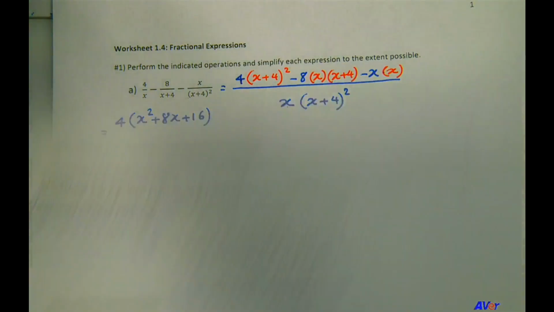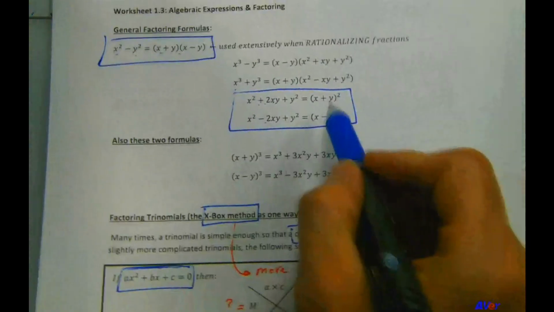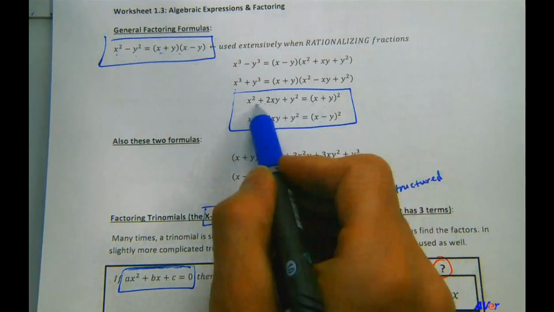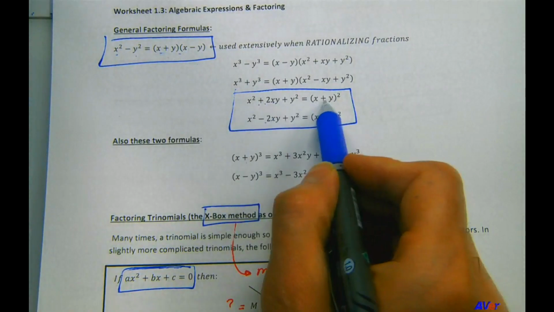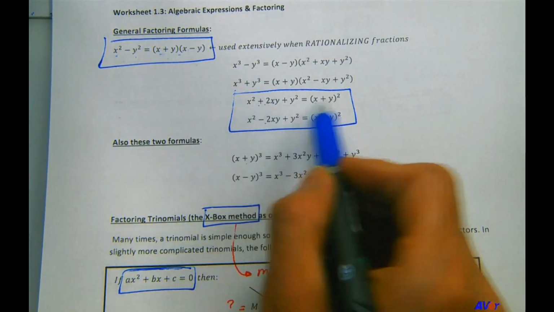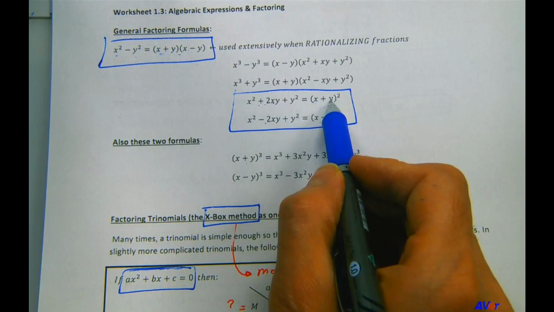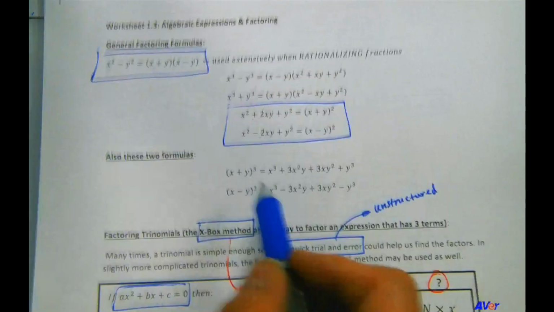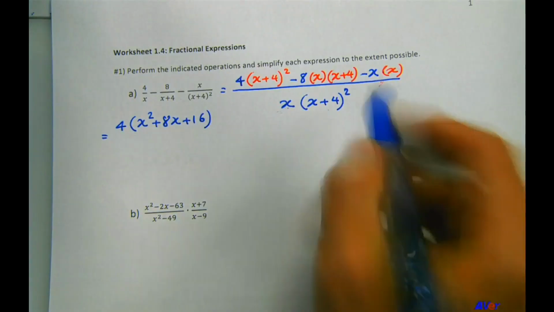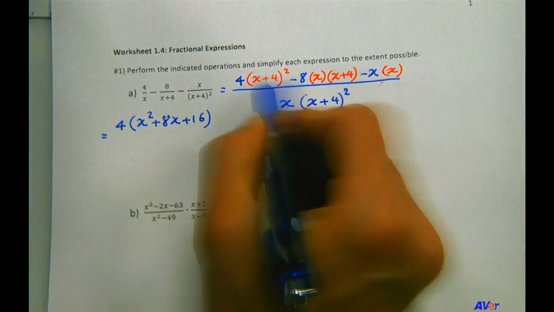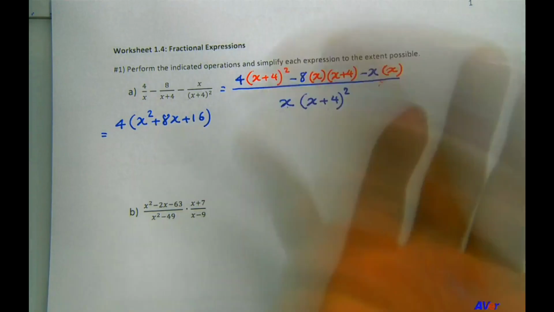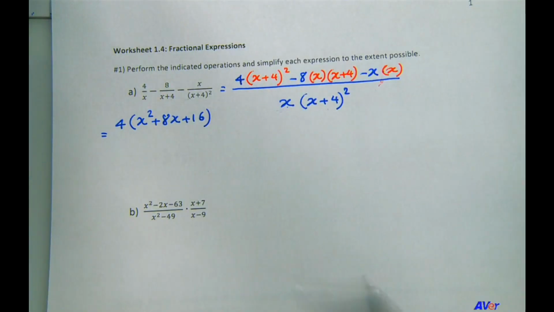If you remember this, (x plus y) squared expands to x squared plus twice the first term times the second term plus the second term squared. If you remember that, which I asked you to remember from the last video, then you'll be able to expand this very quickly. Otherwise, you'll have to FOIL it, which wastes a little bit of time, but you can still get this answer.